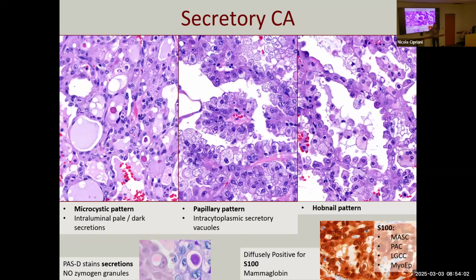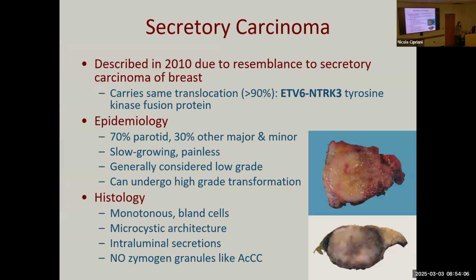These are not serous acini. This is a completely different tumor, and it was discovered in resemblance to its analog in the breast. This can now happen in any anatomic site.